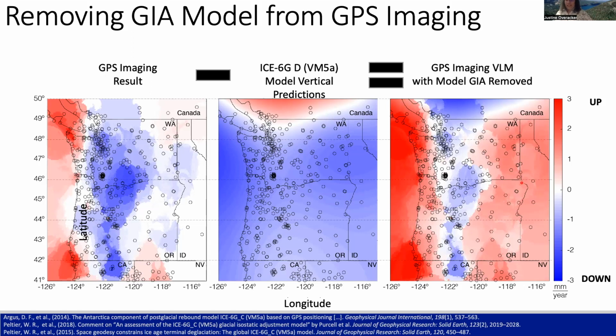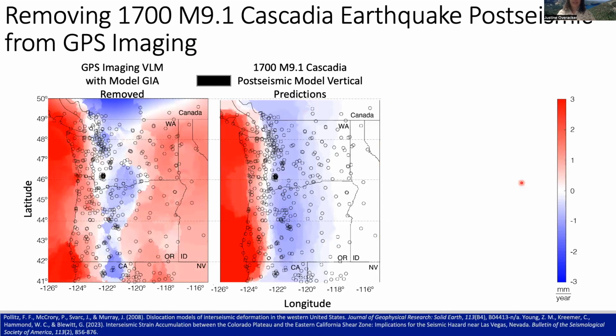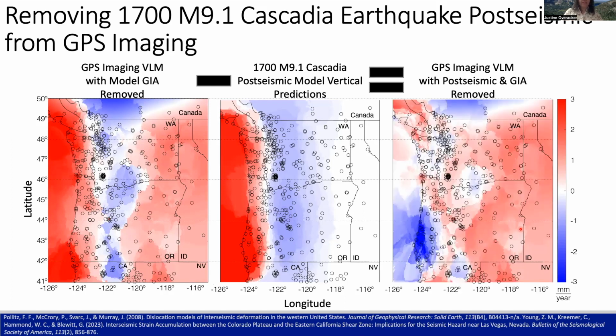So now we look at possible sources of subsidence caused by the Cascadia subduction zone. We do this using methods by Young et al. for the postseismic model for the 1700 magnitude 9.1 Cascadia earthquake. Using the estimated response at each of these GPS stations, we can construct a vertical velocity field using GPS imaging to correct our GPS imaging result that has GIA removed, to find the final field.